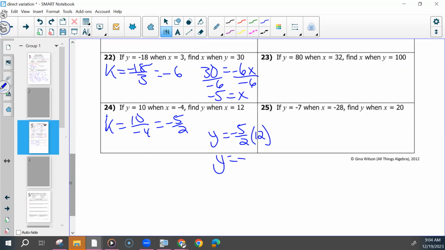Not 40, but close. -30. Do we have any questions, concerns, confusion on any of those? How we did that, how we got those answers, the process? When you have that written down, go on to the next page.